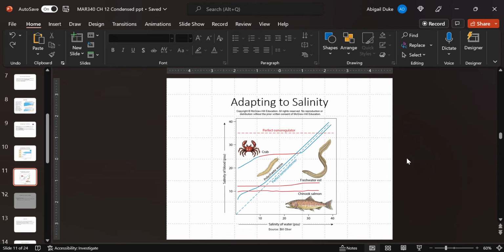The important point is not the actual salinity of the blood, but the fact that it remains relatively consistent. Notice that some organisms, like the crab in the diagram, can only osmoregulate within a certain range of salinity. They are osmoconformers outside this range.